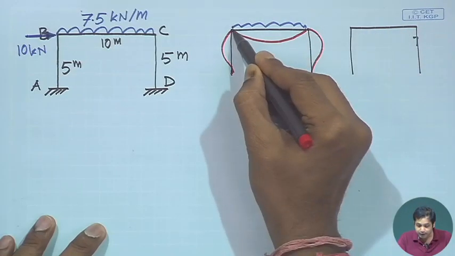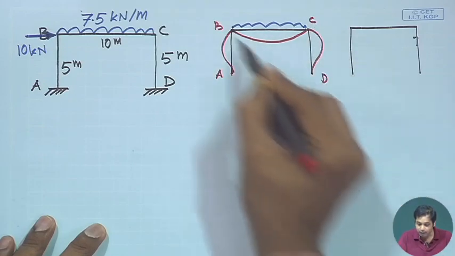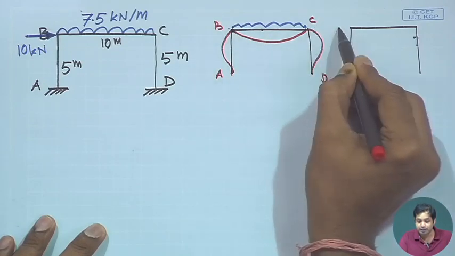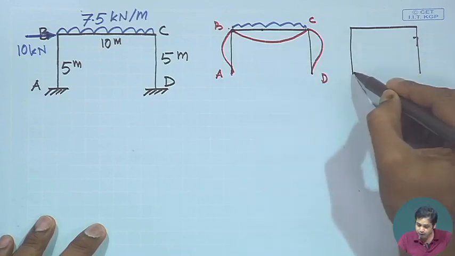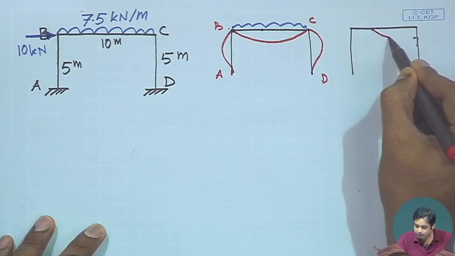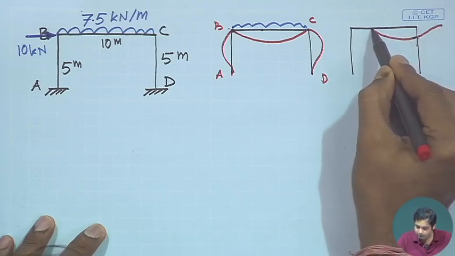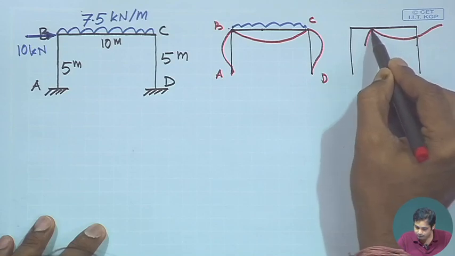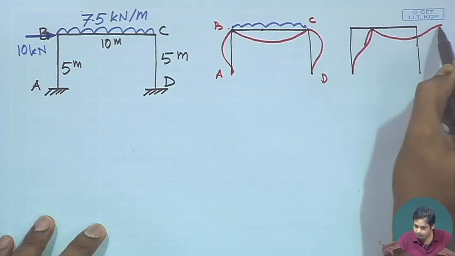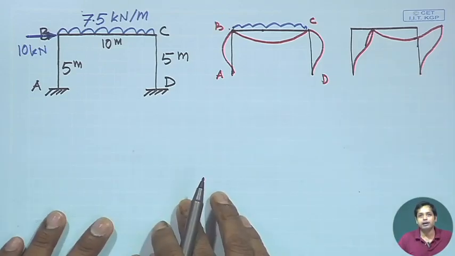So, with A, B, C, D, point B moves in this direction, point C also moves in this direction, and your deformed shape becomes something like this.